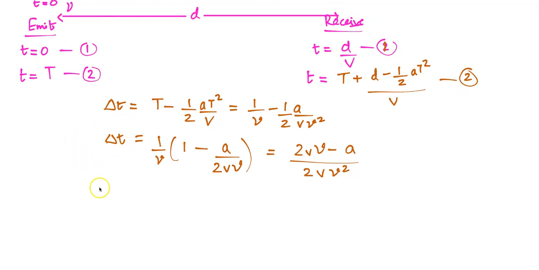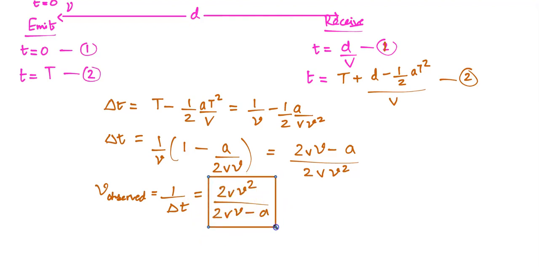And so the frequency observed is just 1 over delta t, right? That's the definition of frequency, and so that's just going to be 2v nu squared by (2v nu minus a), right?